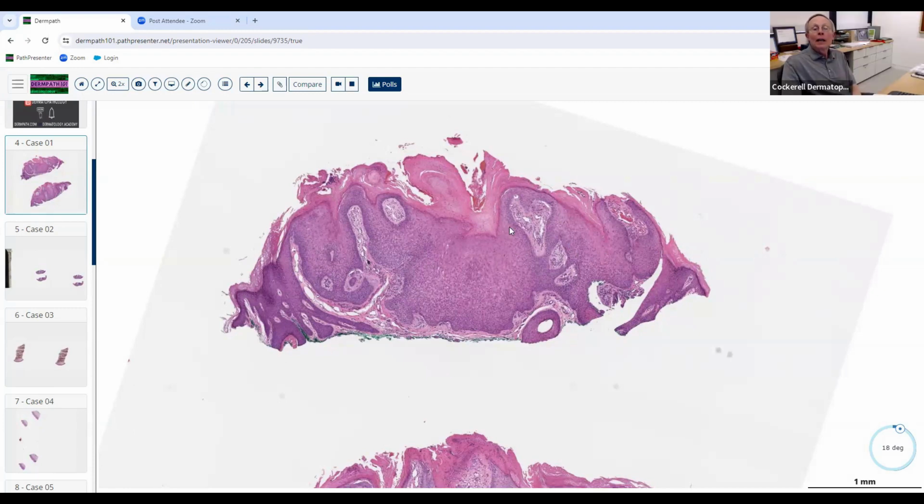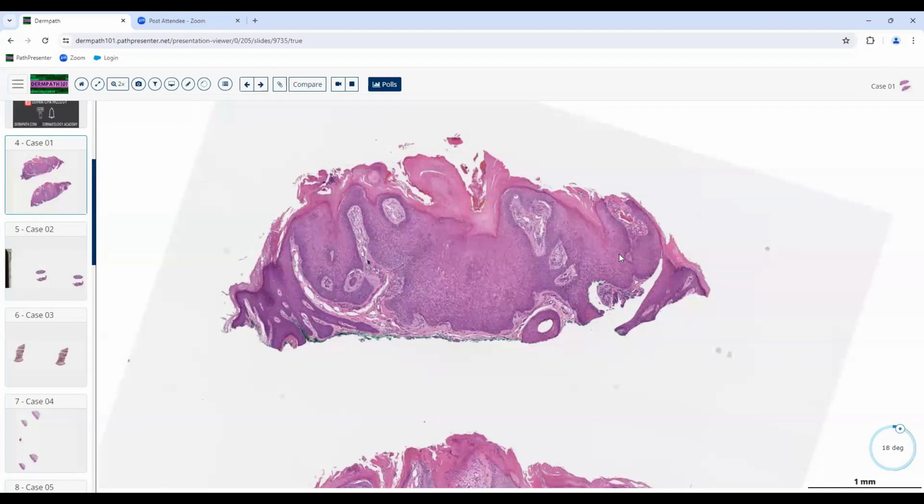Excellent. And can you tell epithelial, non-epithelial? It looks like it could be epithelial. That sort of throws a lot of residents off when I ask that question, because they think epithelium, they think squamous epithelium.